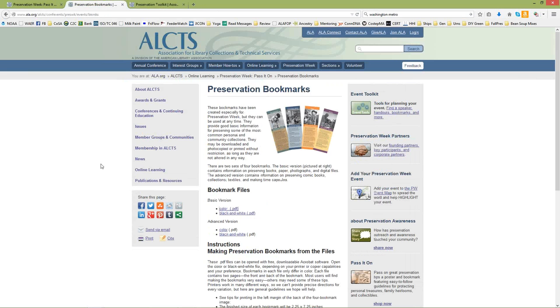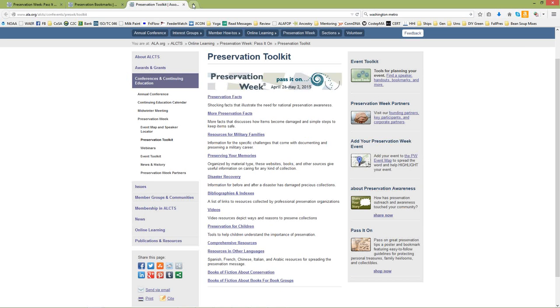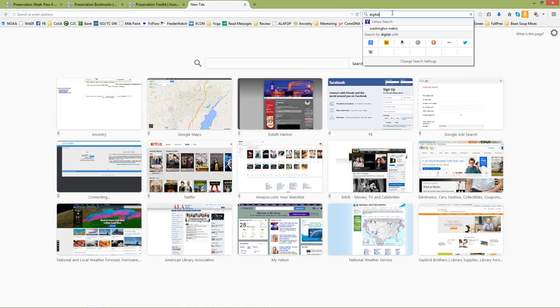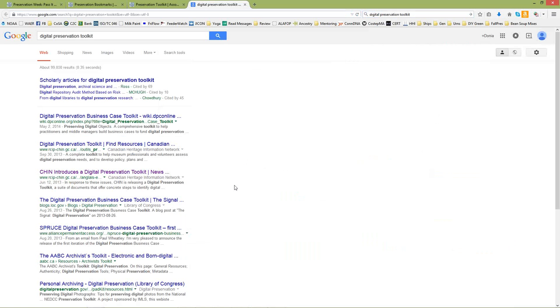However, there is NDIIP, which I can never remember what it stands for, the National Digital Information Infrastructure and Preservation Program.